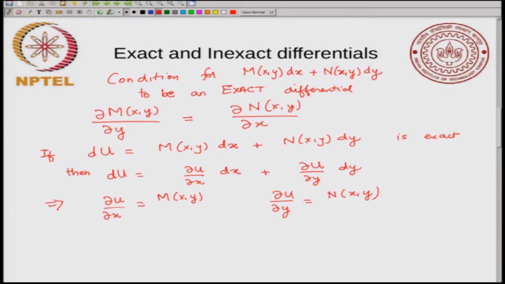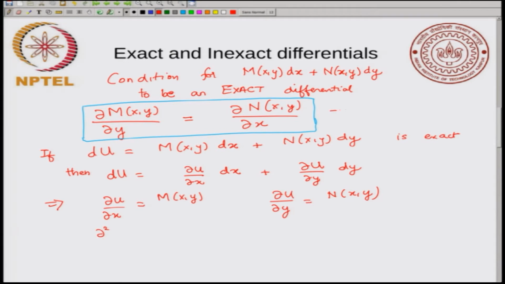Okay. So, now you can see the condition. So, therefore, this condition basically implies the following. If you replace M by ∂u/∂x, then you have ∂/∂y of ∂u/∂x. So, that is the second derivative.